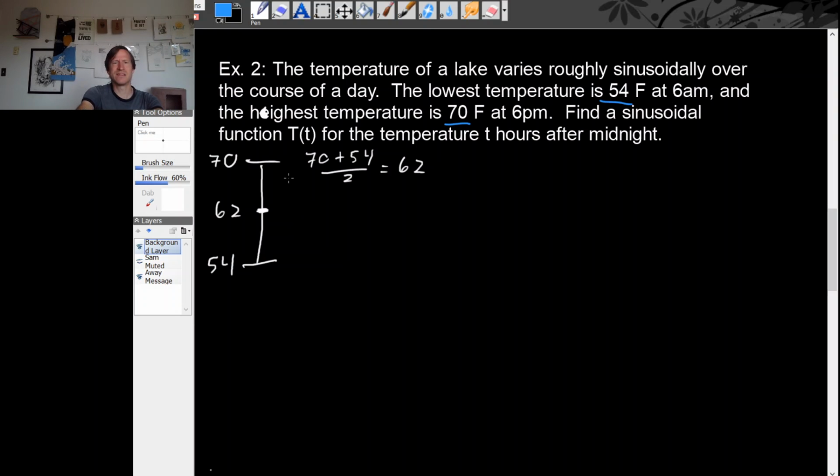Okay, that means 62 is going to be our value for our mean. The amplitude is the distance from the middle to the top and the middle to the bottom, and that's 8 degrees in this case. So that's our amplitude.